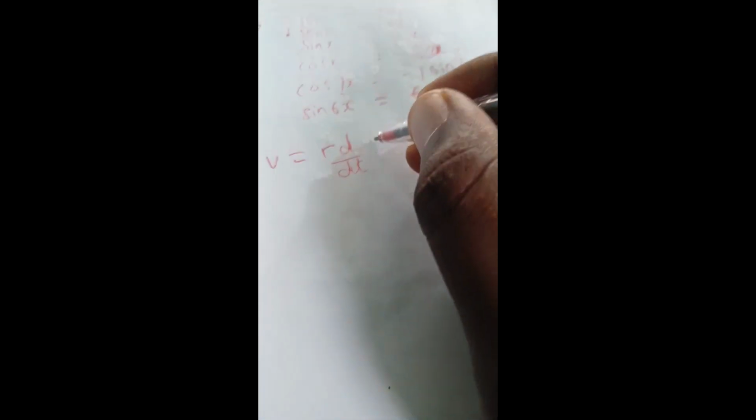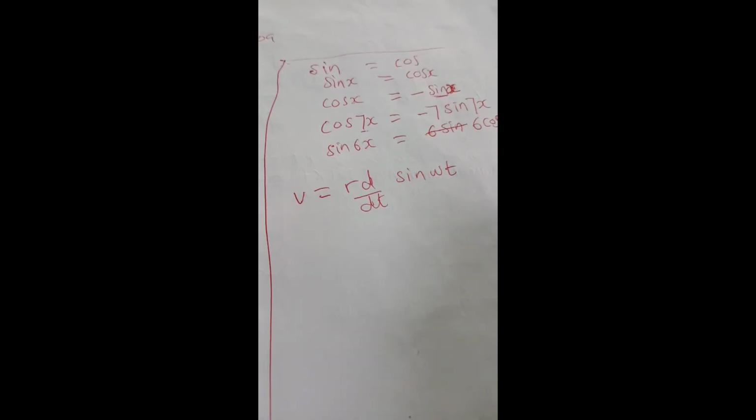So we are going to use that same idea here. If you have y is equal to r sine omega t, now differentiating with respect to t, v is going to be, this r is here already.